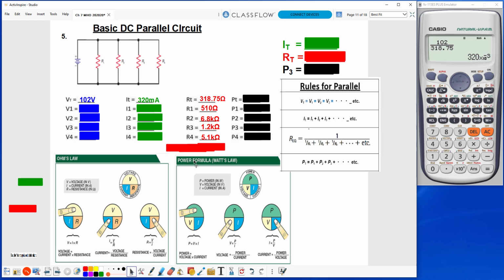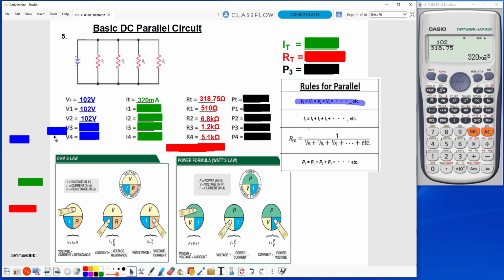Looks like I'm stuck, but if you understand the rules for a parallel circuit well enough, and you definitely should because you're not going to be able to use the formula sheet on the test. So knowing that voltage stays the same, what I can do is go ahead and fill in all of my voltages.